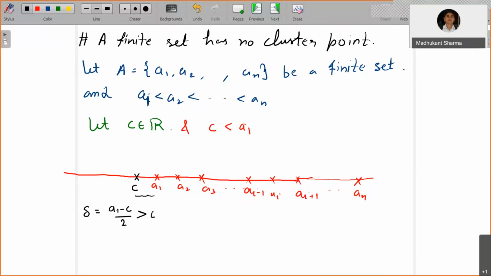Then it is certainly positive, and the neighborhood V delta of C intersection with A minus {C} is empty. That can be shown. Indeed, C is also not a part of A, so removing C will not make any difference here.